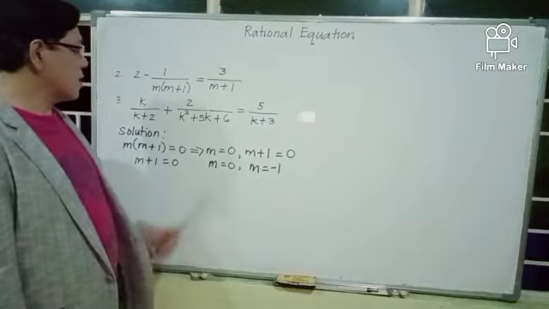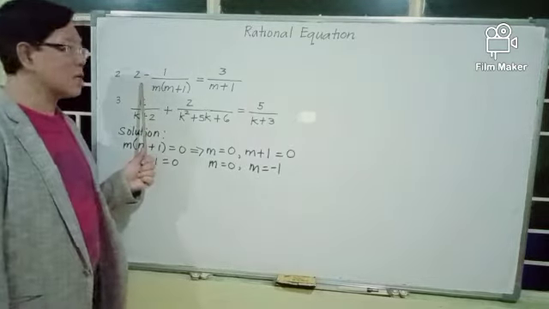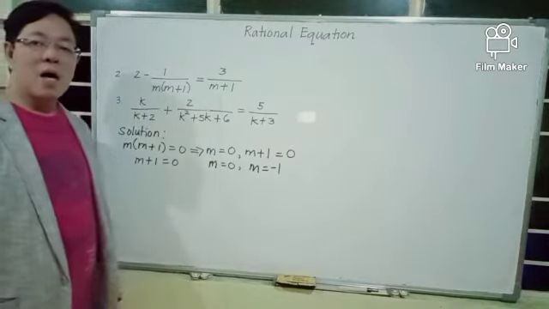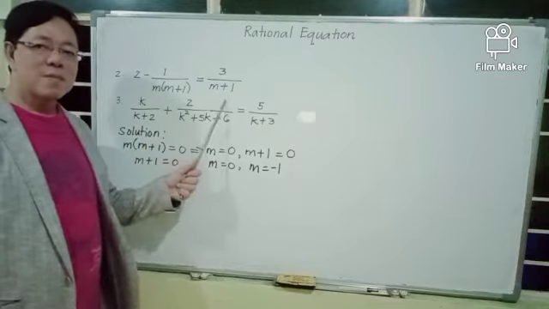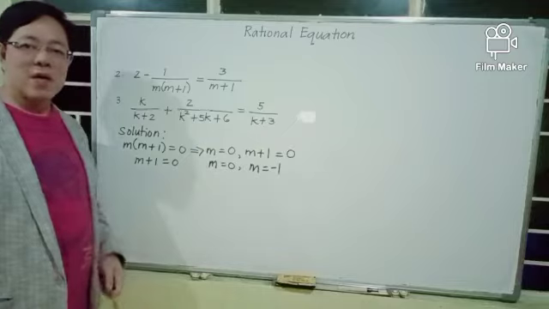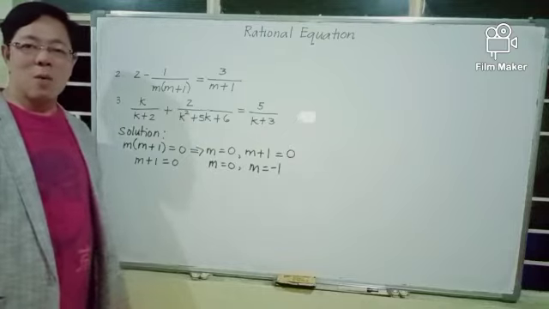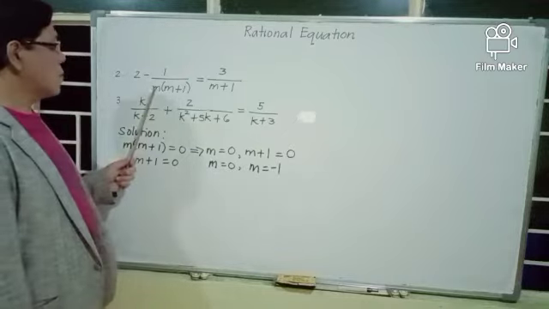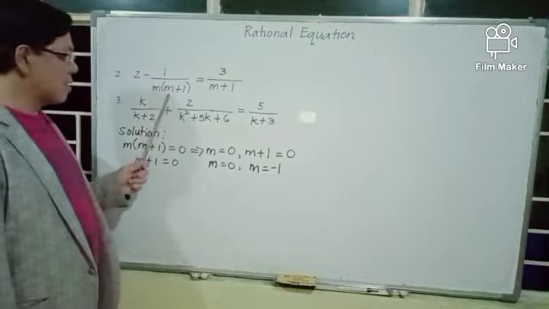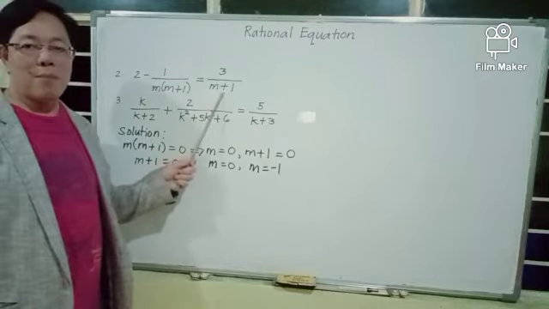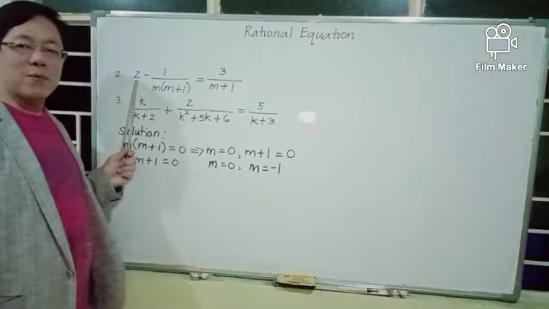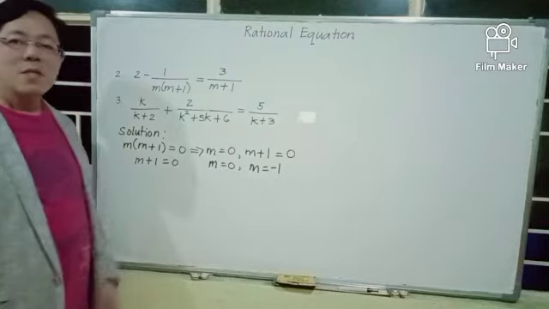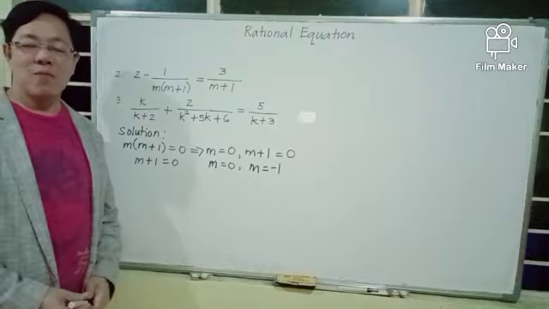Now we solve this rational equation by eliminating first the denominators. And to do that, we have to find the LCD or lowest common denominator of the denominators m times m plus 1 and m plus 1. The first term is a constant 2, but if you write its denominator, the denominator of 2 is 1.